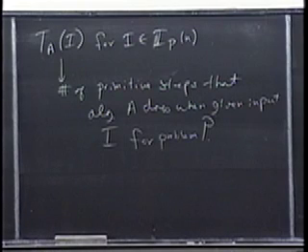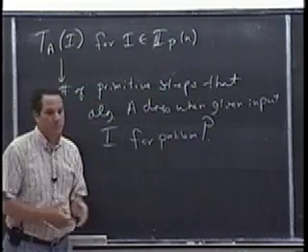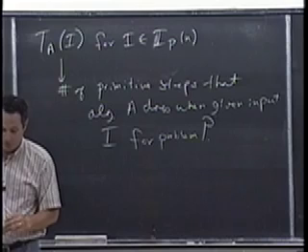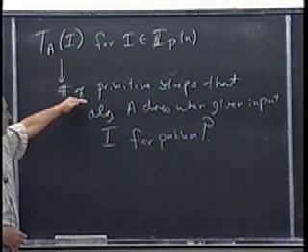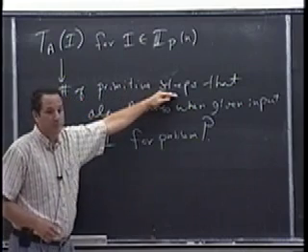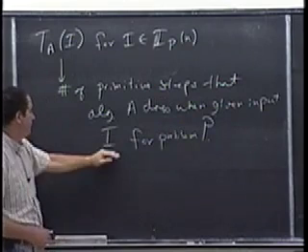And it does the same thing every time you give it the same input. And therefore, we can learn things about what it does when it's given that input. And what we focus on here is the number of primitive steps or number of primitive operations that that algorithm does when given that particular input I.